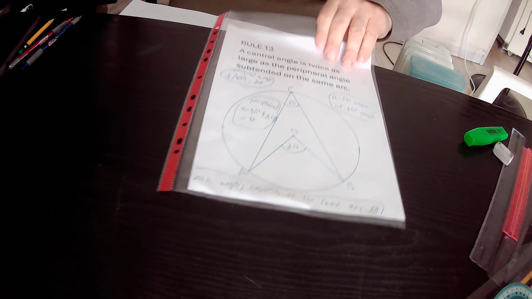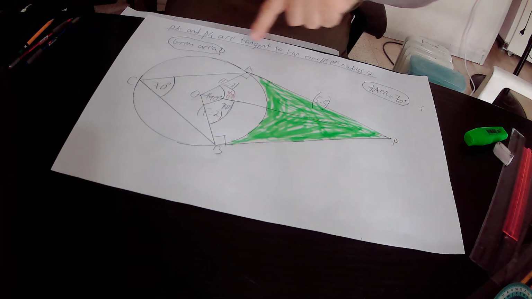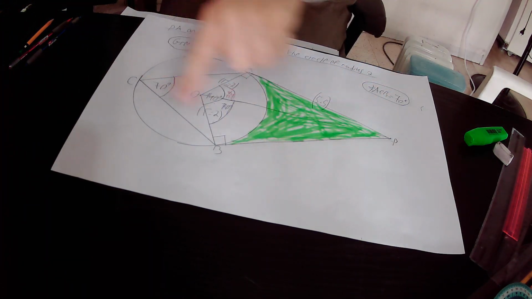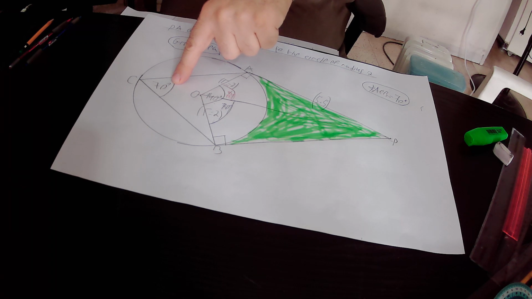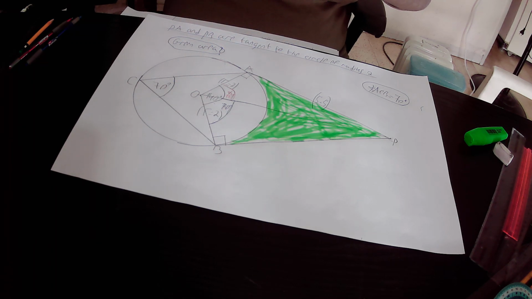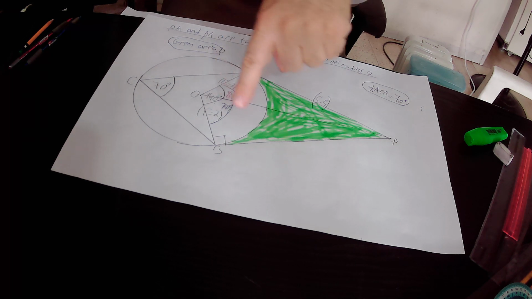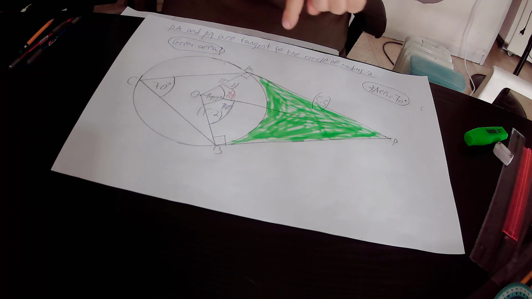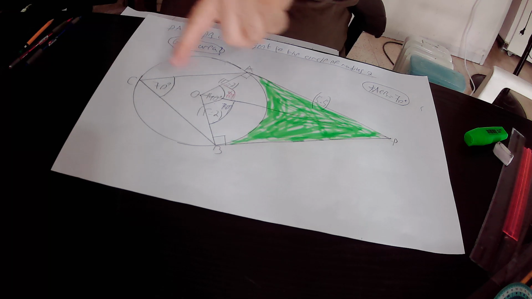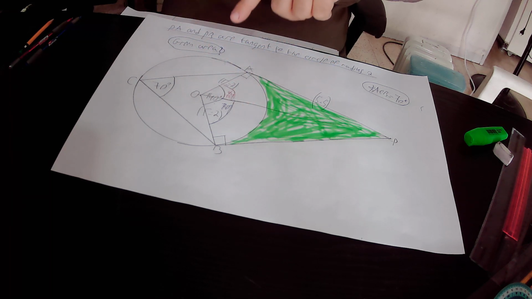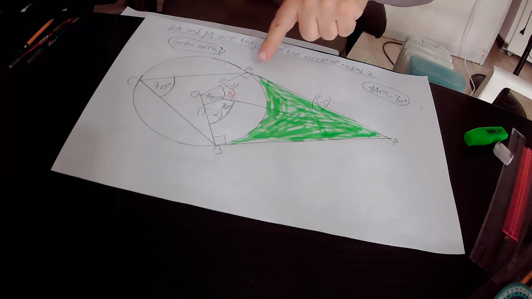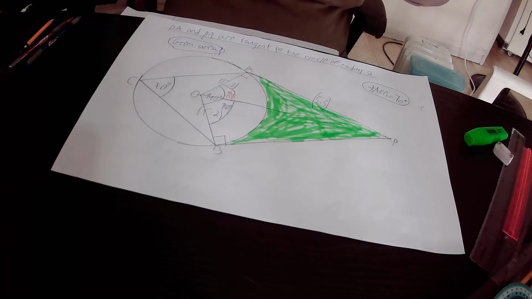Okay? So, we can implement rule 13 in our drawing. Well, in our drawing, we have peripheral angle ACB, which is equal to 70 degrees. We also have the central angle AOB, and the peripheral angle ACB is subtended on this arc AB.